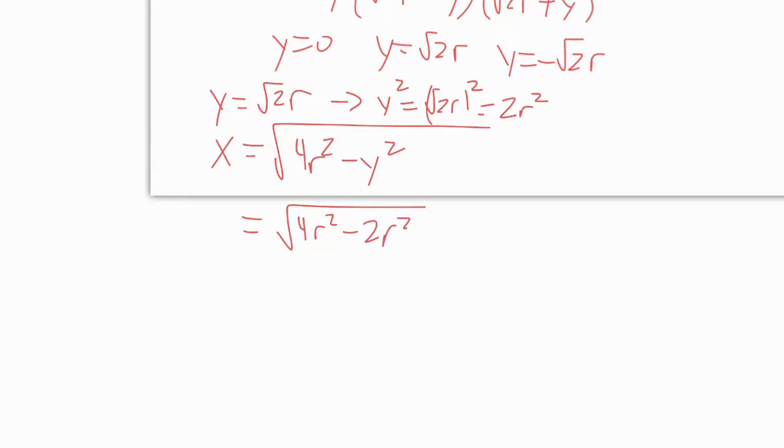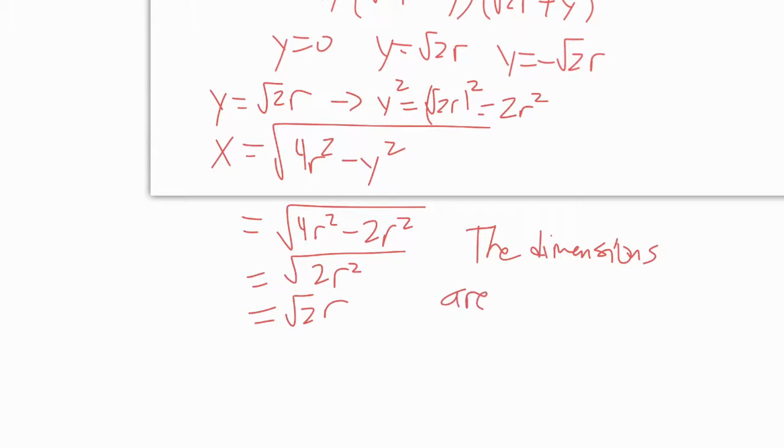So 4r squared minus 2r squared, square root of 2r squared, which is, oh, look, root 2r. The dimensions are root 2r by root 2r.